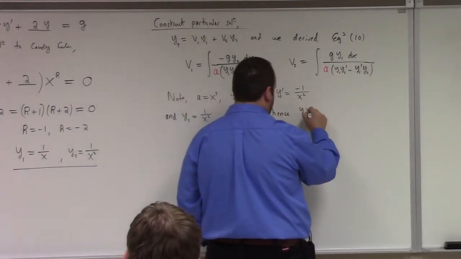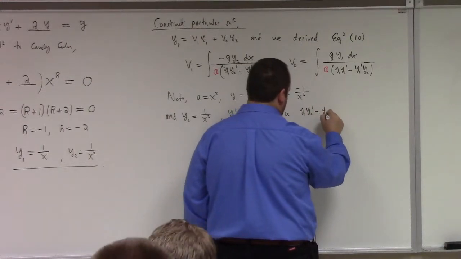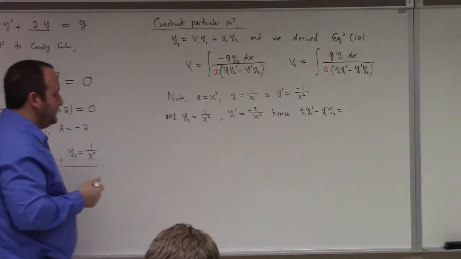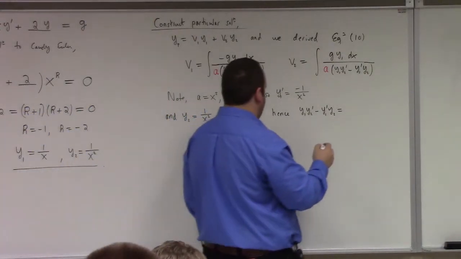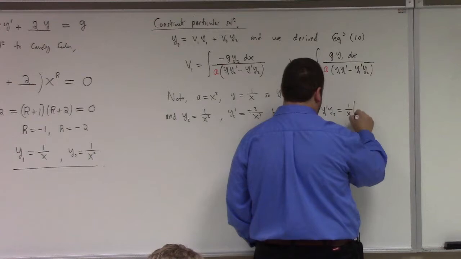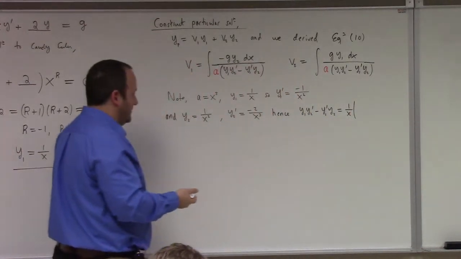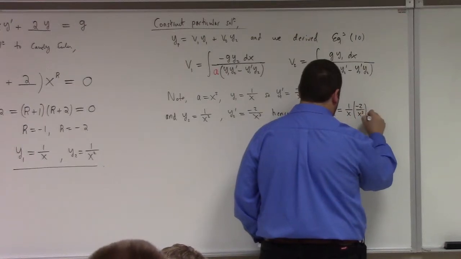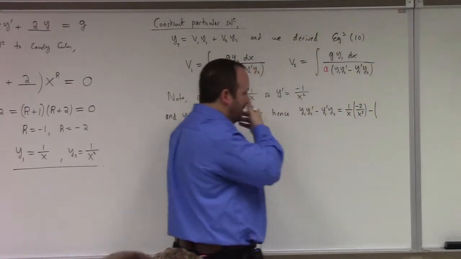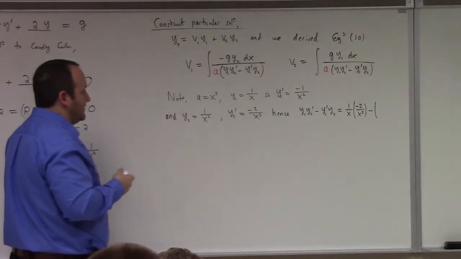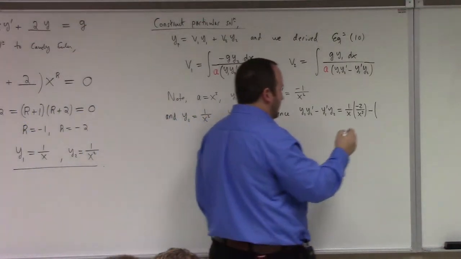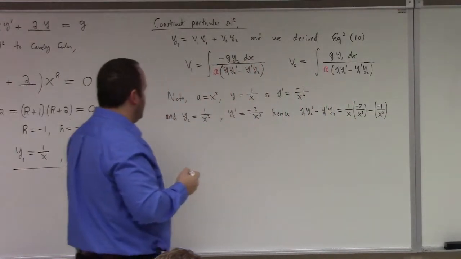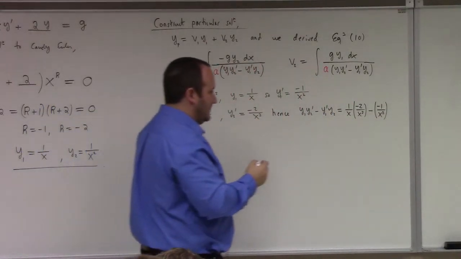what is y1 y2 prime minus y1 prime y2? That's equal to what? One over x times minus 2 over x cubed, minus y1 prime, which is minus 1 over x squared, and then my y2, which was 1 over x squared.